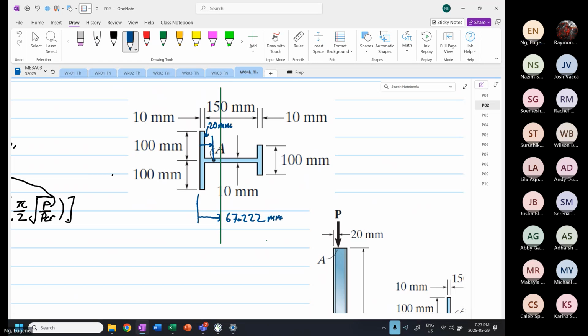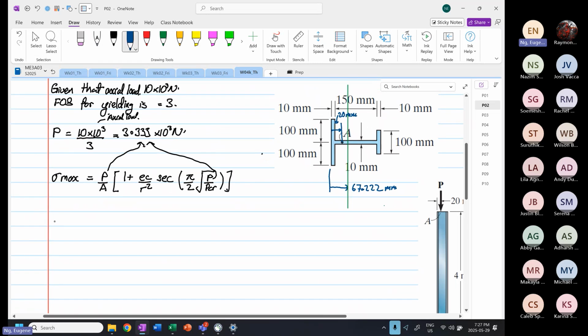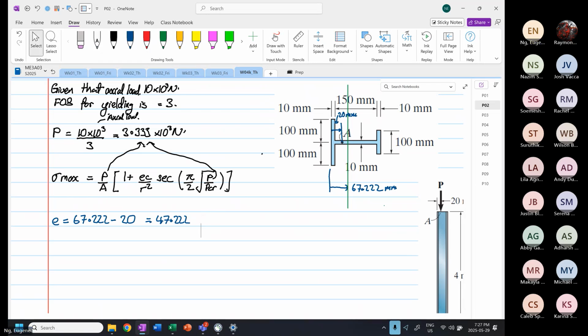So therefore, our E is equal to 67.222 minus 20. So this value is equal to 47.222 times 10 to the power of minus 3 meters. So there is our E.